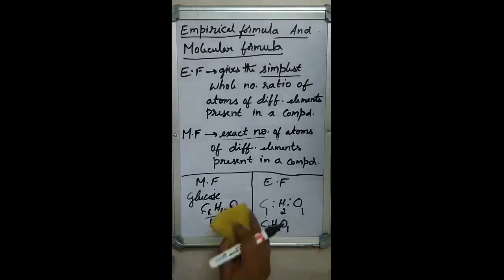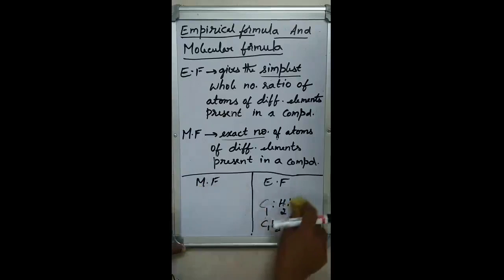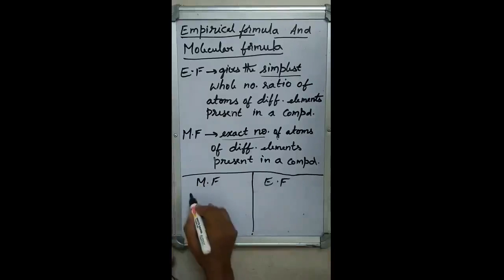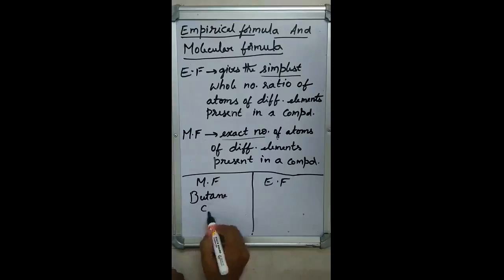Okay. Now one more example I will give you, that is about butane. What is the formula of butane? C4H10. So exact number of atoms of different elements present in a compound, so this is the molecular formula.